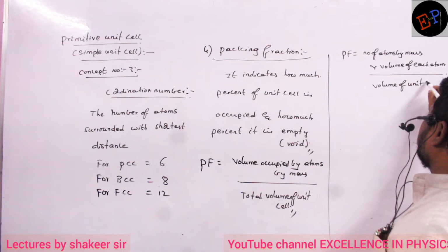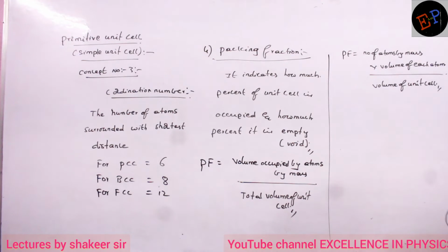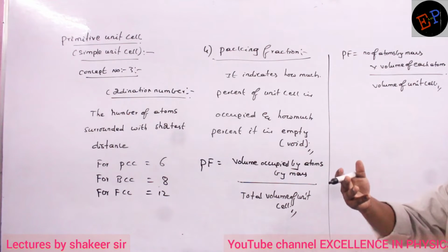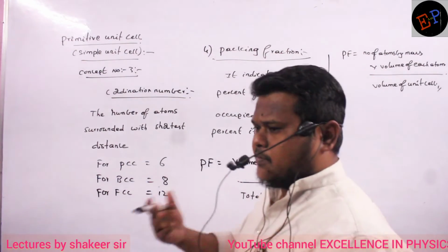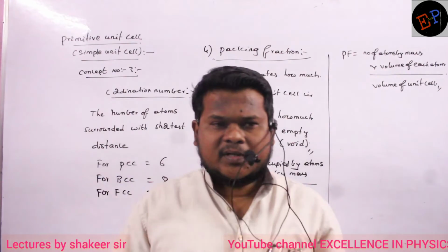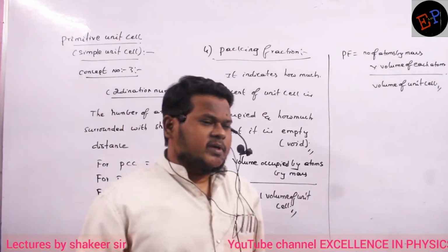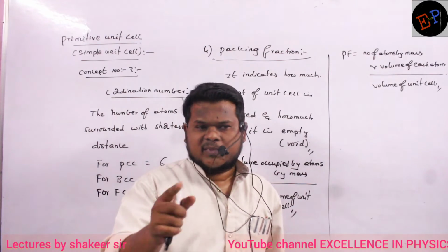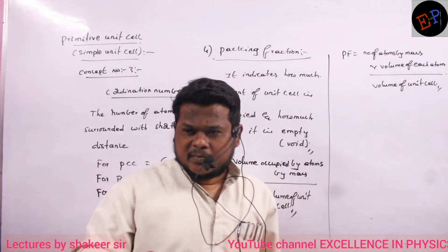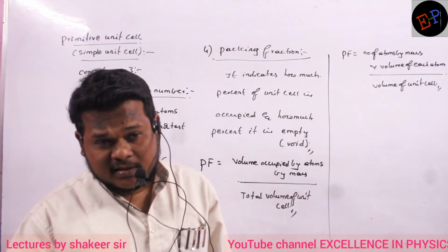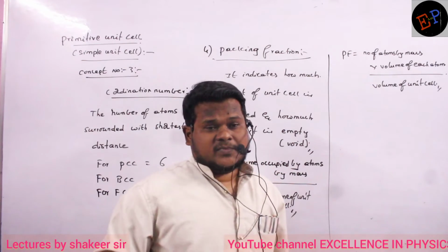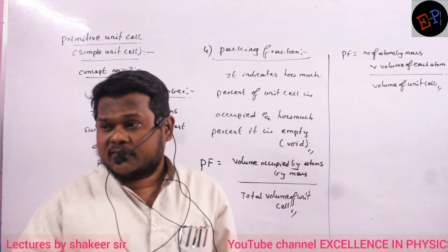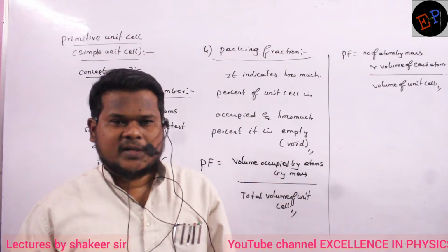Each unit cell will have a different number of atoms. For example, a primitive unit cell will have only one atom. Body centered will have 2 atoms. Face centered will have 4 atoms.